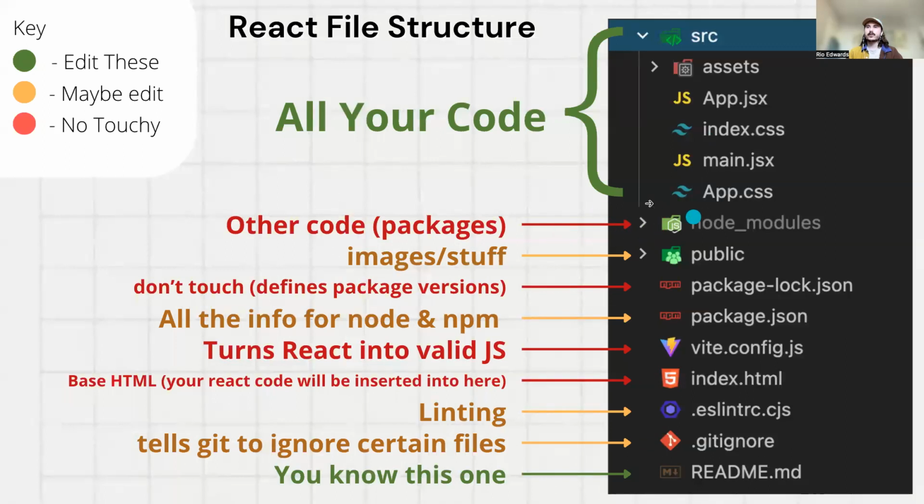Your node modules folder, that is all of the third-party code. So that's all those packages, all the libraries and stuff that your code is using. All that other code that you didn't write is stored in here in node modules. And you never need to touch node modules.